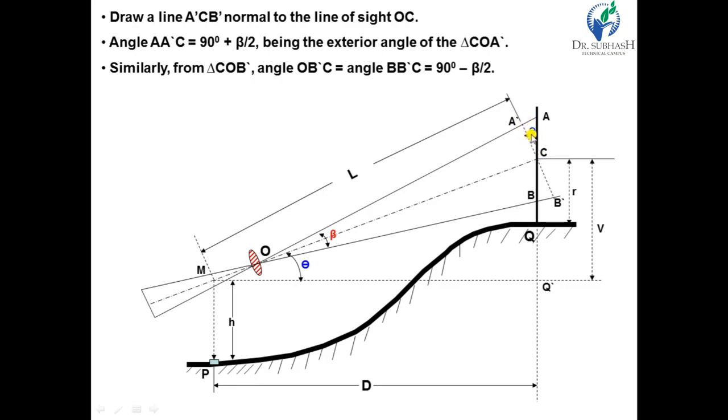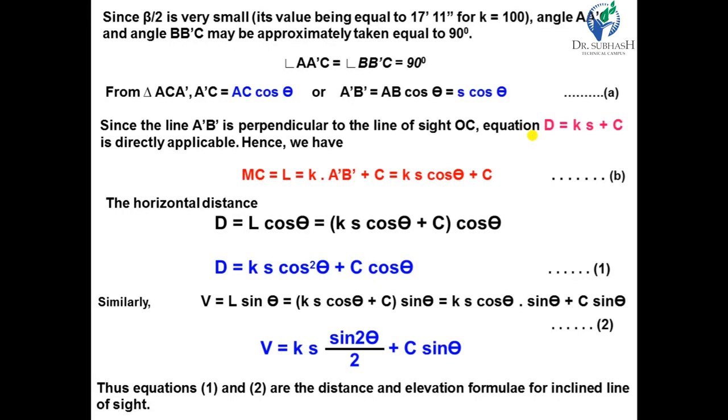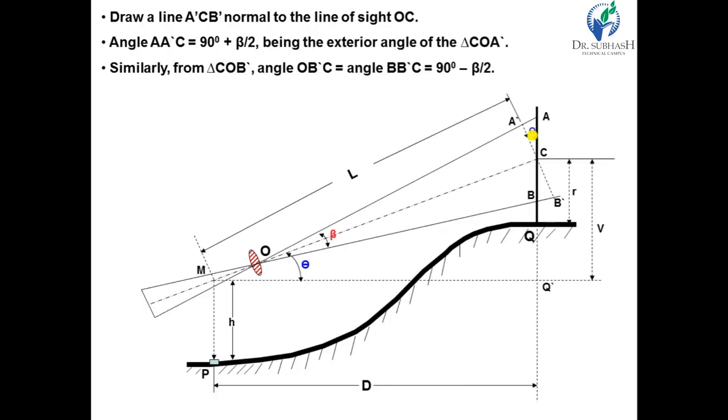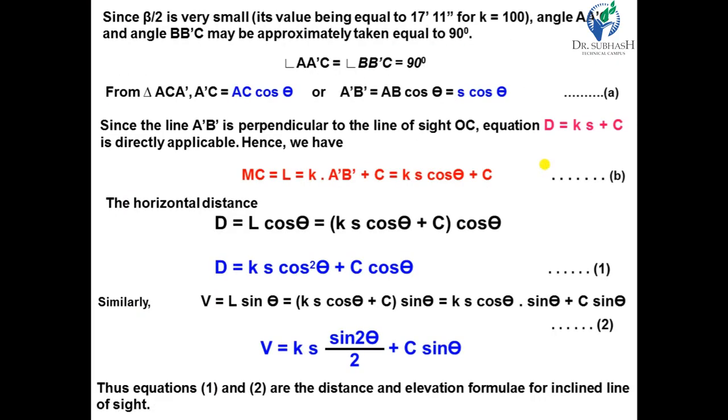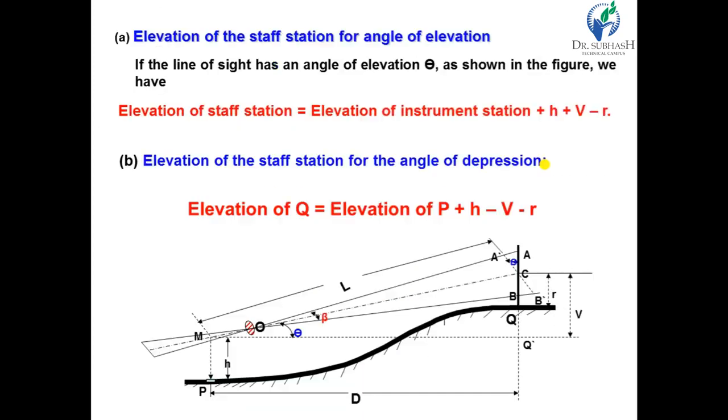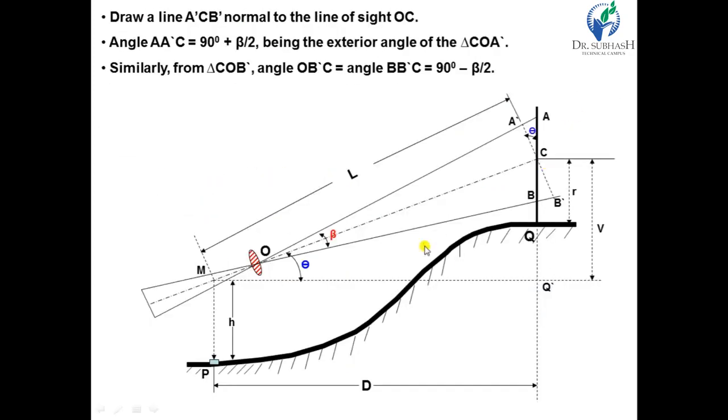We are using the cos function for finding the A dash C line. For A dash B dash, A dash B dash is equal to AB cos theta, and AB is equal to S. We can see in the figure that AB is equal to S.